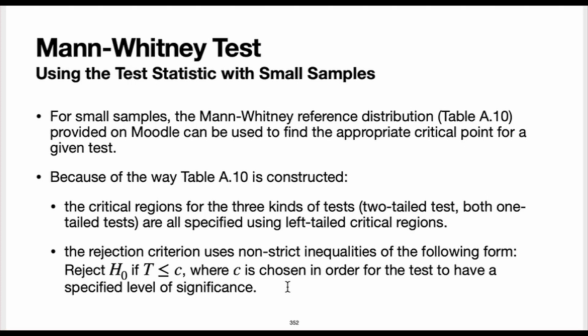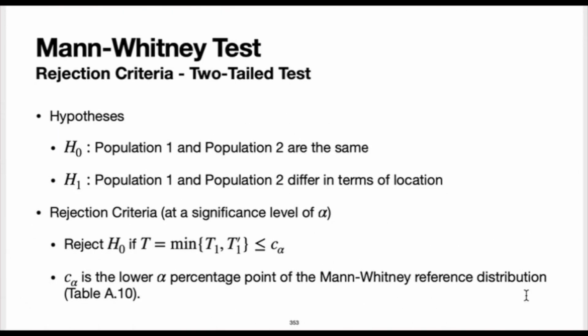So the original resource for table A9 must have used strict inequalities, whereas the author that wrote the paper back in Biometrics and created this table used non-strict inequalities. So you just need to make a note that in the Mann-Whitney test table, the rejection criteria involve non-strict inequalities.